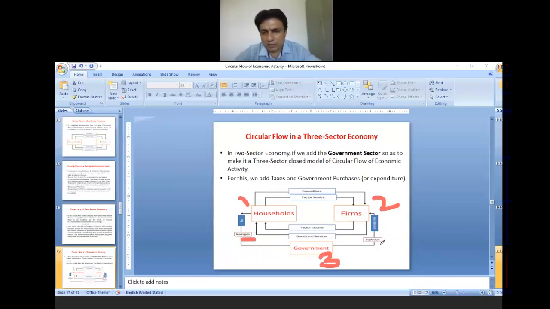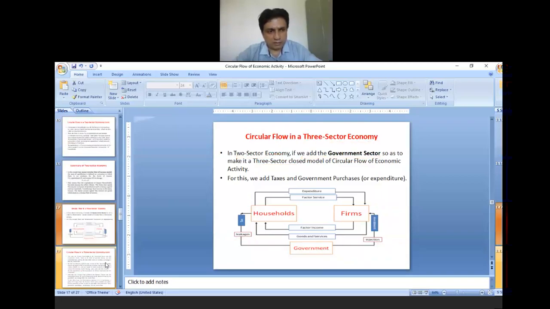So injections of money from the government into the businesses, and in the same way there are leakages, or withdrawal of money, from the consumer to the government. So basically in the two sector economy, if we add the government sector, then it becomes the three sector economic model. So the third sector is the government sector. Let us discuss this three sector model in much more detail in the next slide.